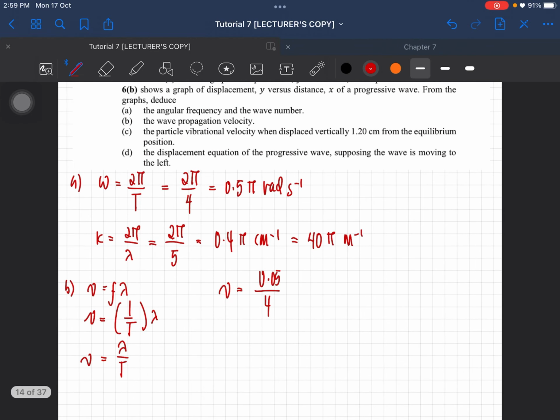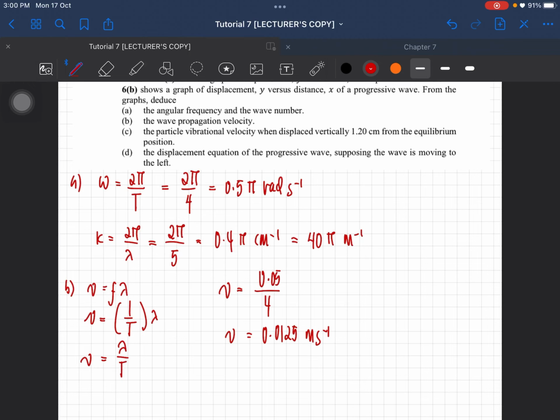So you will get 1.25 times 10 to the negative 2 meter per second. Let me just double check. It's just 0.0125 meter per second. Okay? Alright.